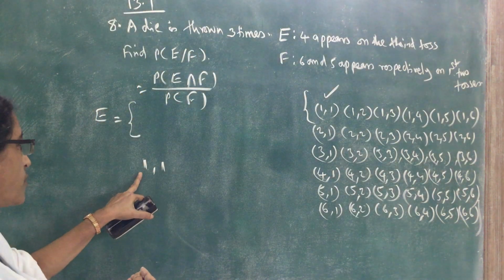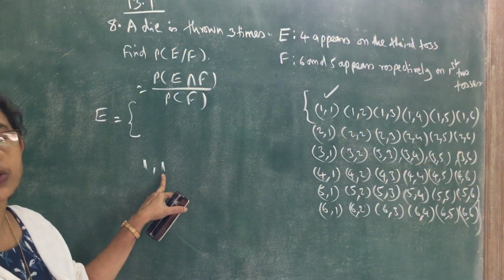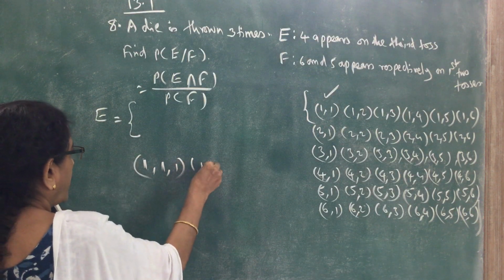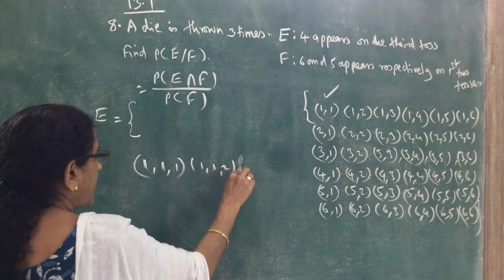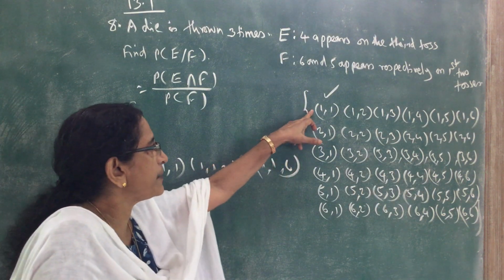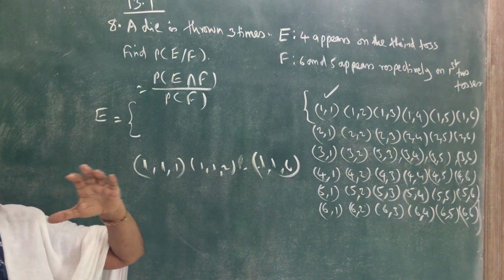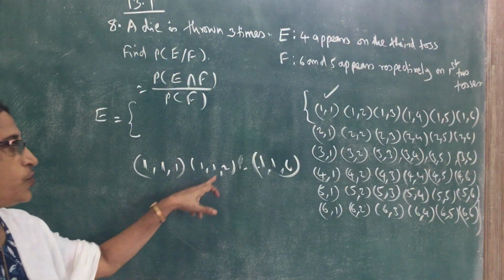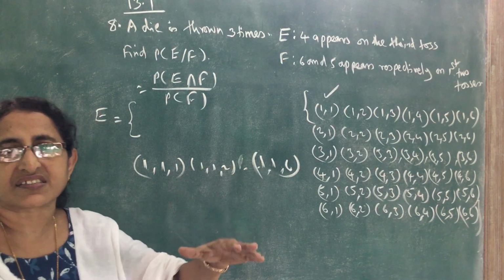So that is 1, 1, 1, 1, 1, 2, 1, 1, 3, like that till 1, 1, 6.